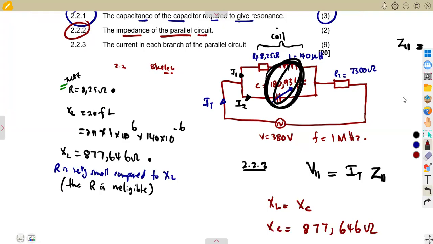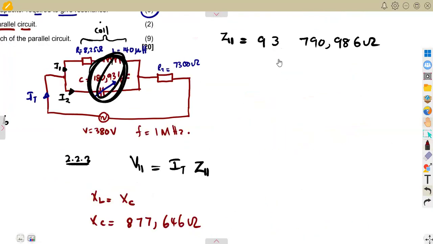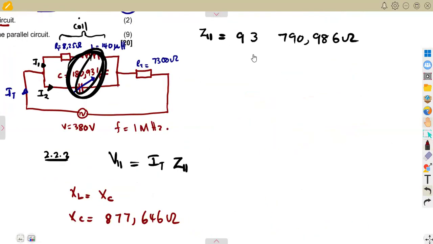If we have the voltage of the parallel, we're not going to have a challenge, because the current flowing across the coil is going to be the voltage of the parallel circuit over the impedance of the parallel.